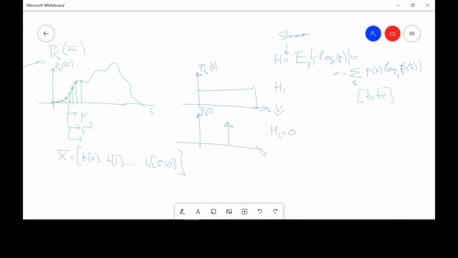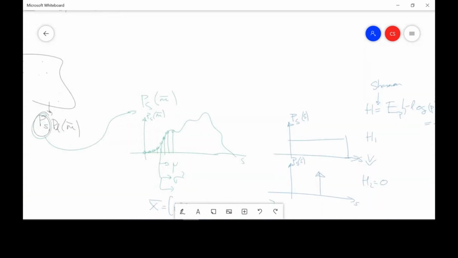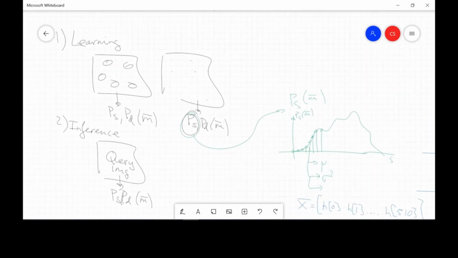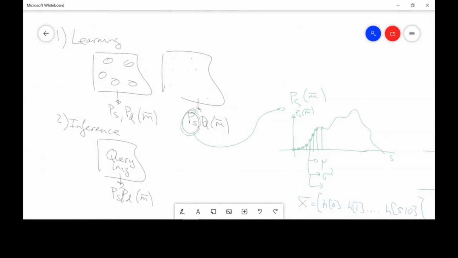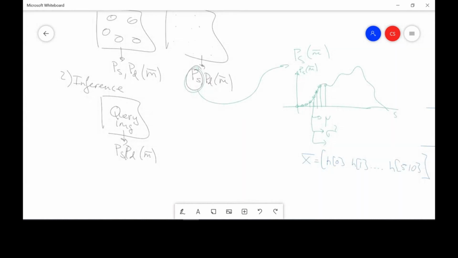Remember, we have learned P_S, P_D for the textures. Now I have a query. For any given sum or difference, I will have a vector.